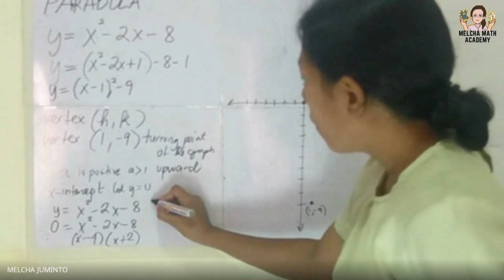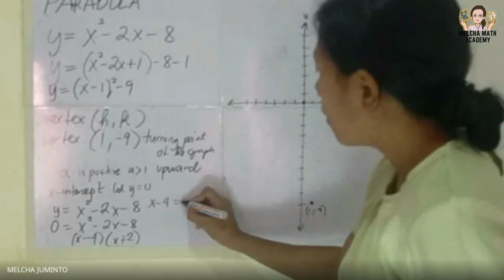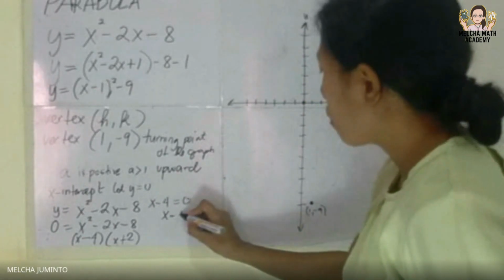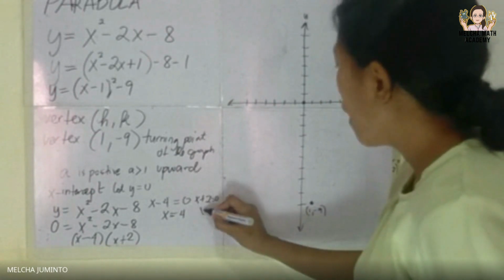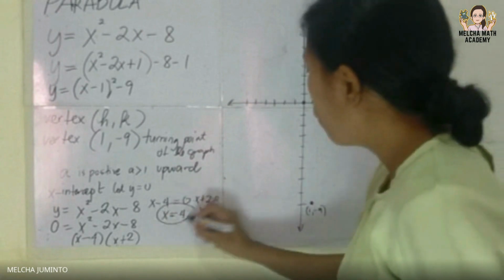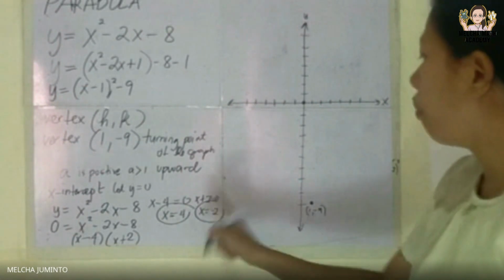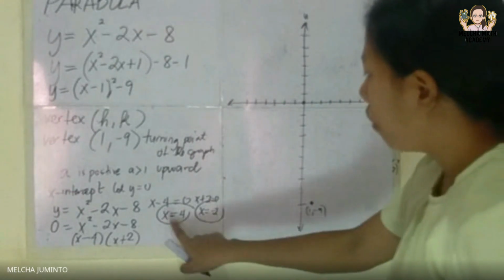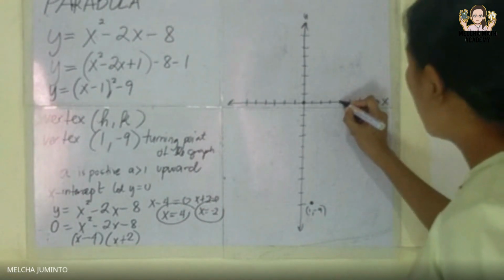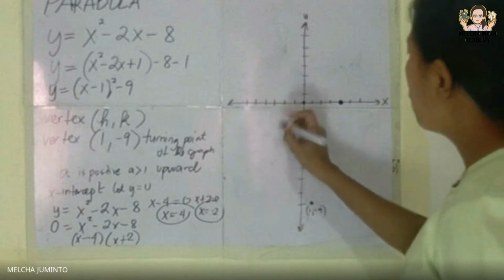By the zero product property, x minus 4 equals 0, so x is positive 4. The other one is x plus 2 equals 0, so x equals negative 2. Therefore, the two x-intercepts are 4 and negative 2. Locate positive 4 on the x-axis: 1, 2, 3, 4. Locate negative 2.